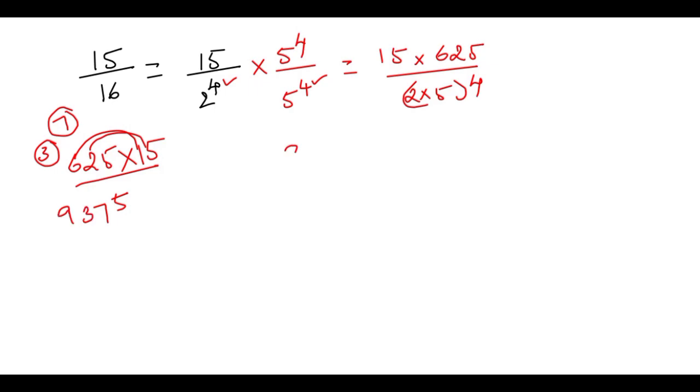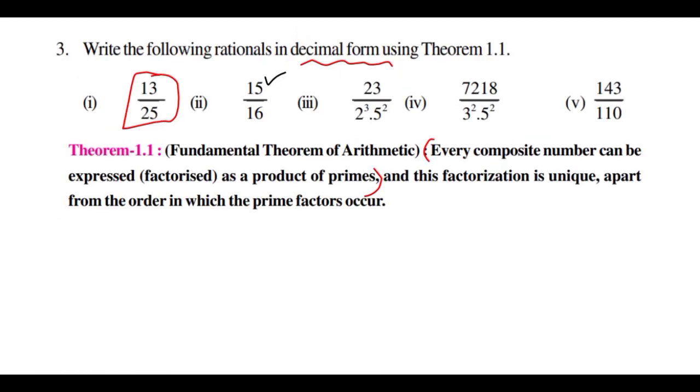Okay, so 9375. 9375 divided by these 2 and 5s are 10. 10 to the power of 4 means 10,000. So take a point before 4 digits because 4 zeros are there. Take a point before 4 digits, 0.9375. So this is the answer for this question, right?